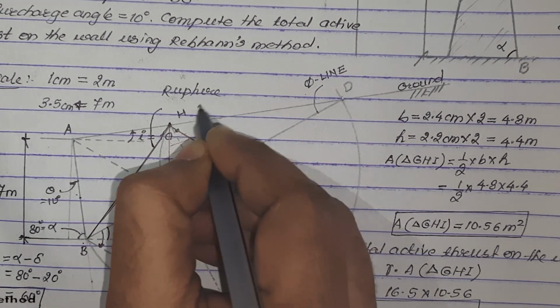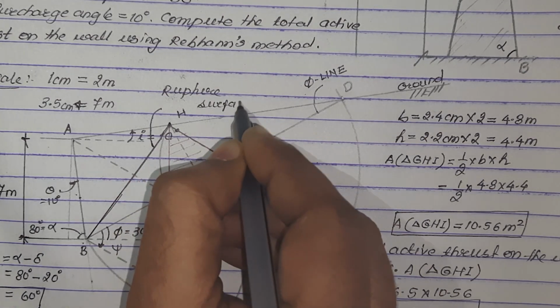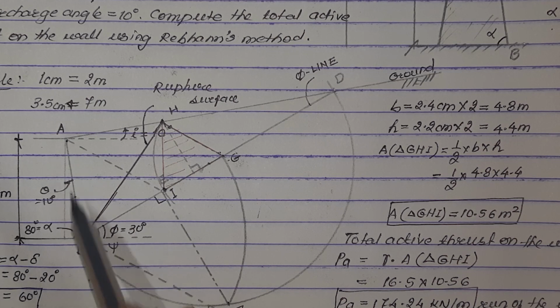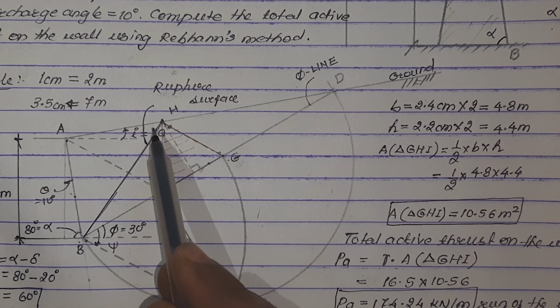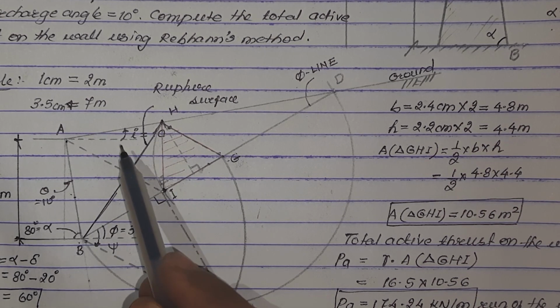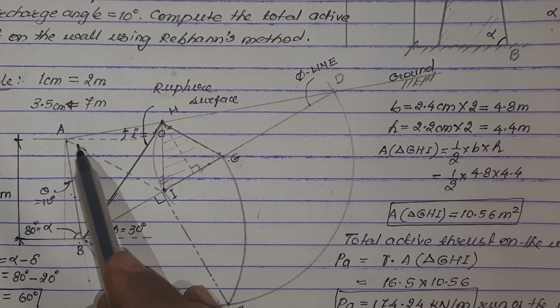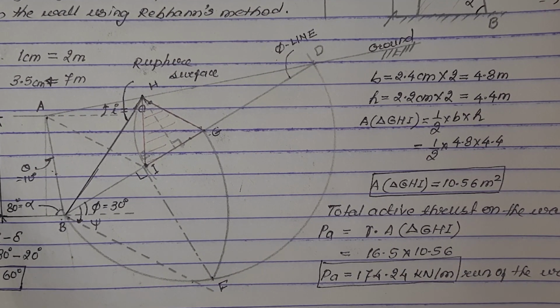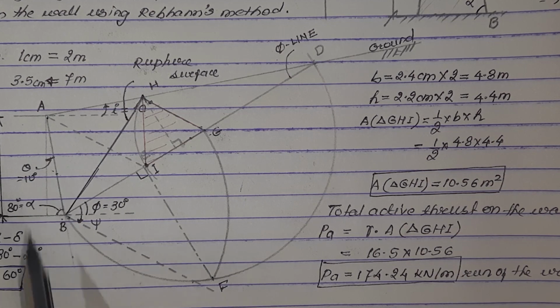From this we can say that ABH would be the Coulomb's wedge that will fail when there would be active earth pressure condition. BH is going to be the rupture surface and the magnitude of total active thrust in that situation will be 174.24 kilonewton per meter run of the wall acting at h/3 distance.